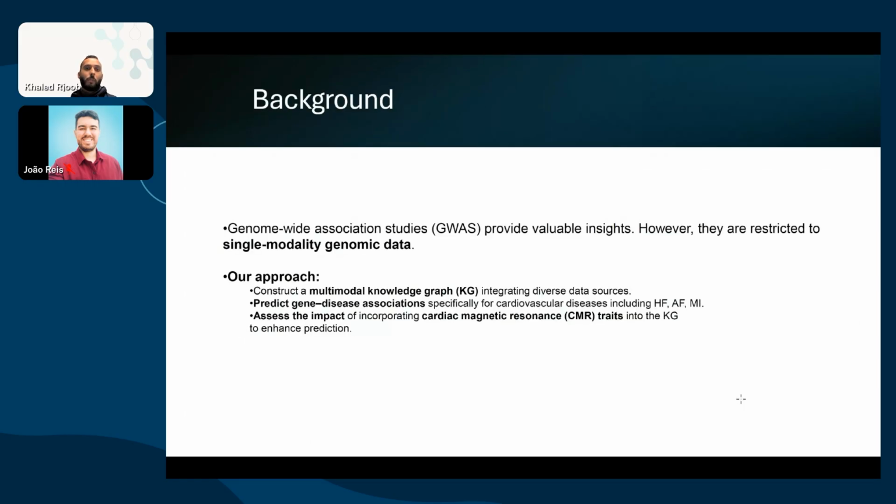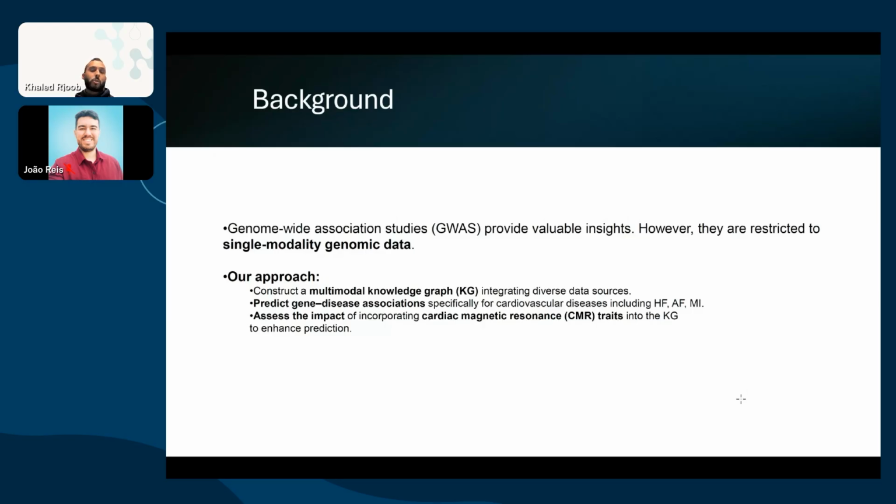So a little bit of background about predicting gene disease association. Genome-wide association studies are the primary tools that have been used to find the association between the gene variants and the disease. However, those tools are limited to a single data modality, so they cannot include different biological data modalities.